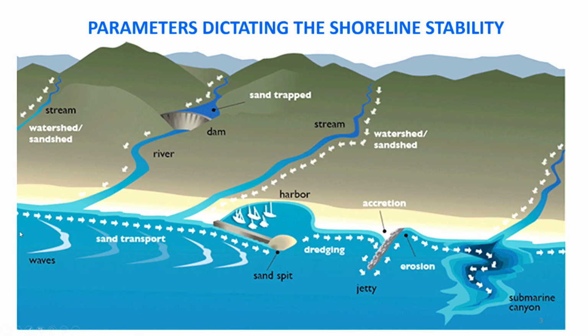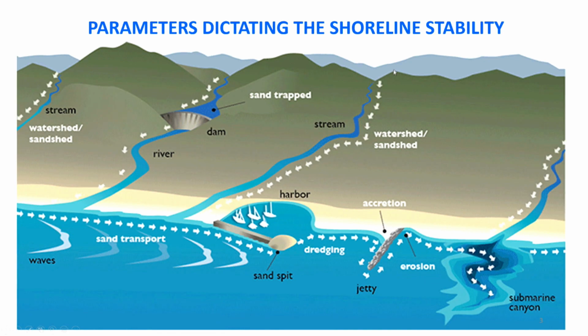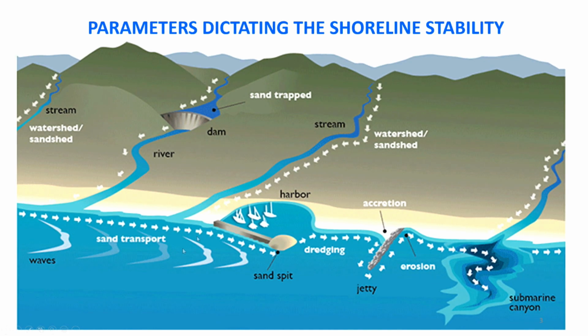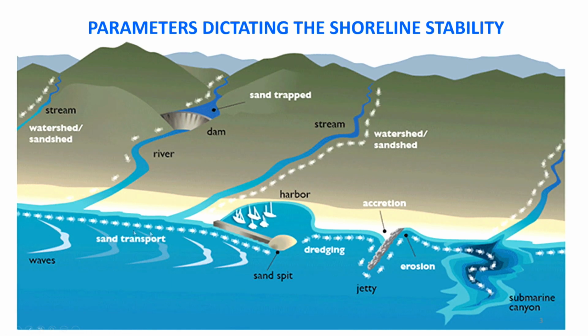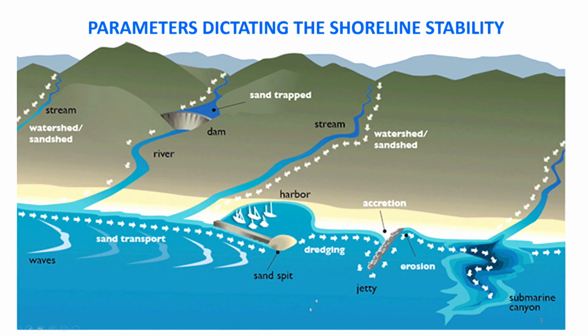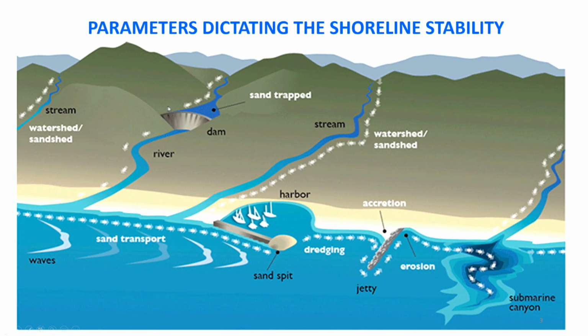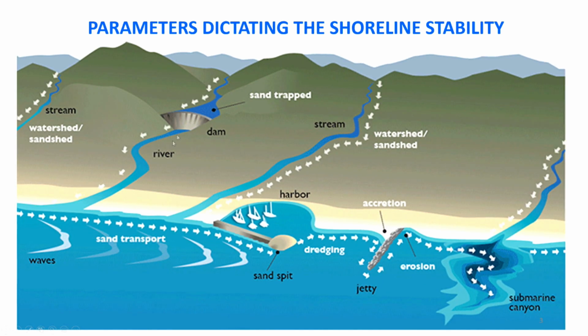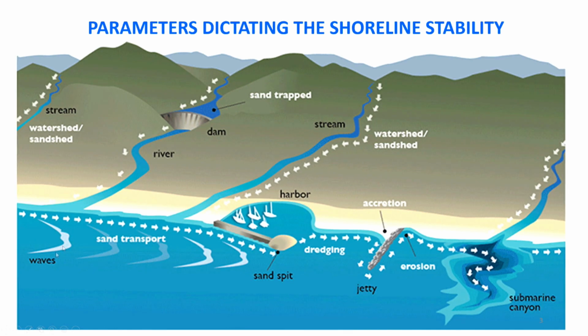As I said earlier, you see that there are several rivers draining into the ocean, and these bring a sizable amount of sediments to the coast. The moment you build a dam, it intercepts the sand movement, and you don't get enough sand for the beach to get nourished.